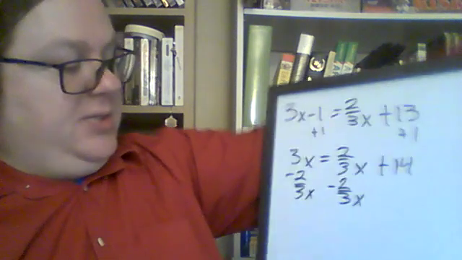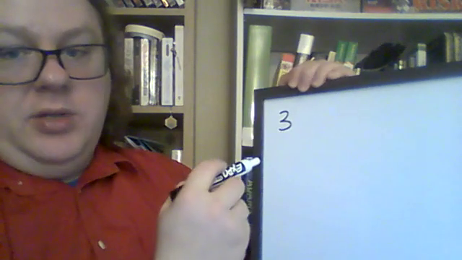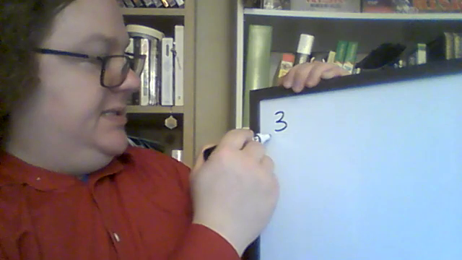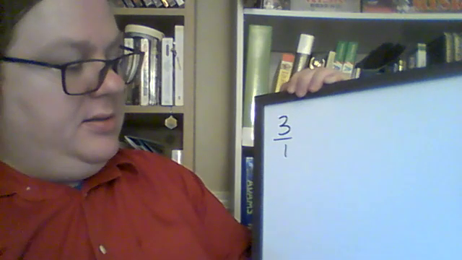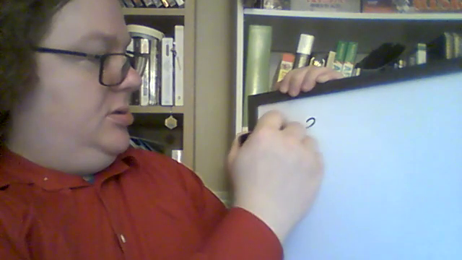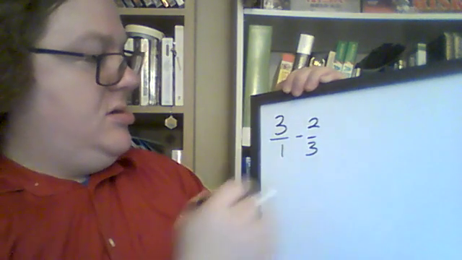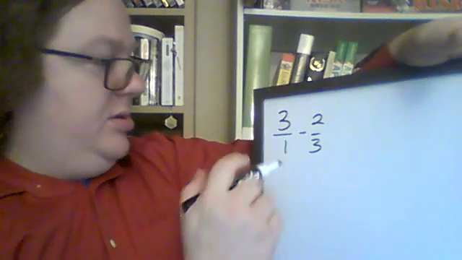Let me take a second to work out why. Any whole number is the same as itself over 1, right? So 3 over 1 minus 2 over 3. This is going to take longer than I thought it would.